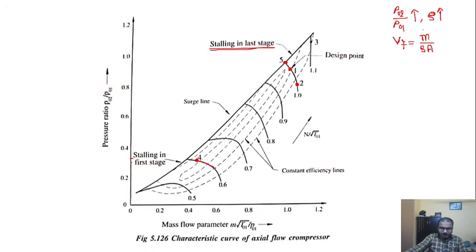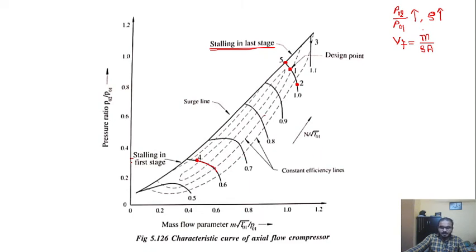So Vf will also reduce, which results in increased incidence angle, and this will create stalling with positive incidence. So here you can see that for a small pressure ratio change, there is a greater increase in the mass flow rate.